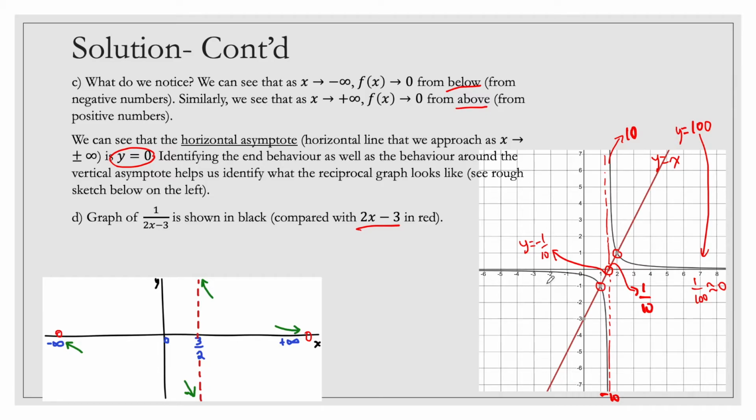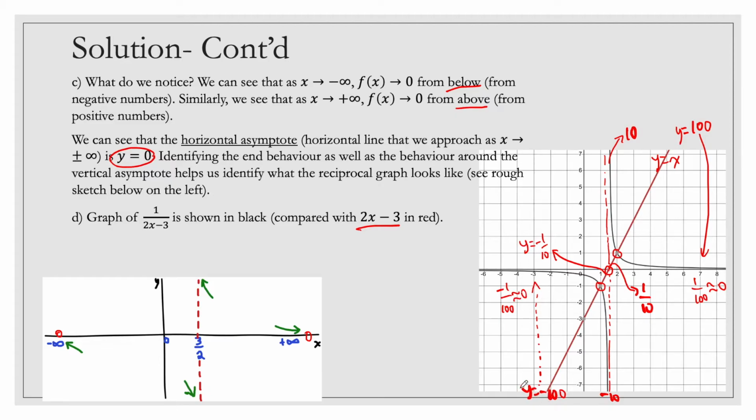And now let's look at an arbitrarily large negative number for the linear function. So let's say that I pick y is equal to negative 100. Let's look at its corresponding reciprocal value. So I just find the reciprocal value here, and I end up getting negative 1 over 100, which is a number that is getting closer and closer to 0.